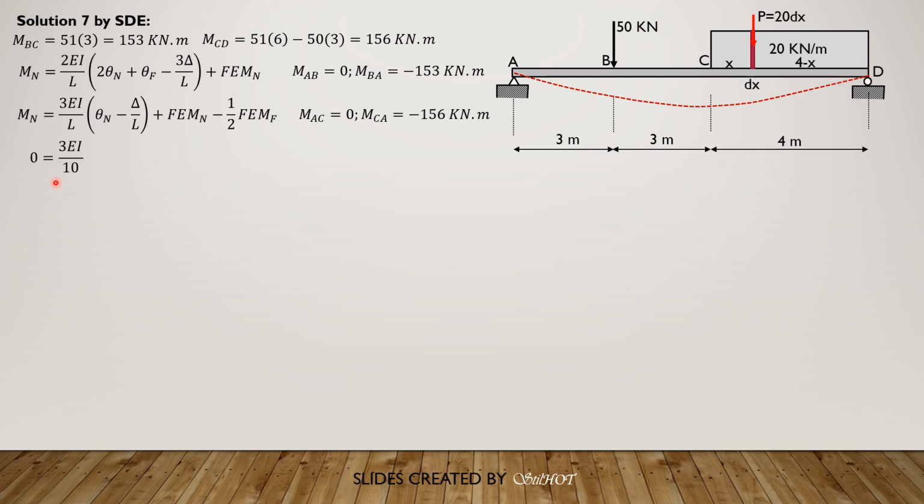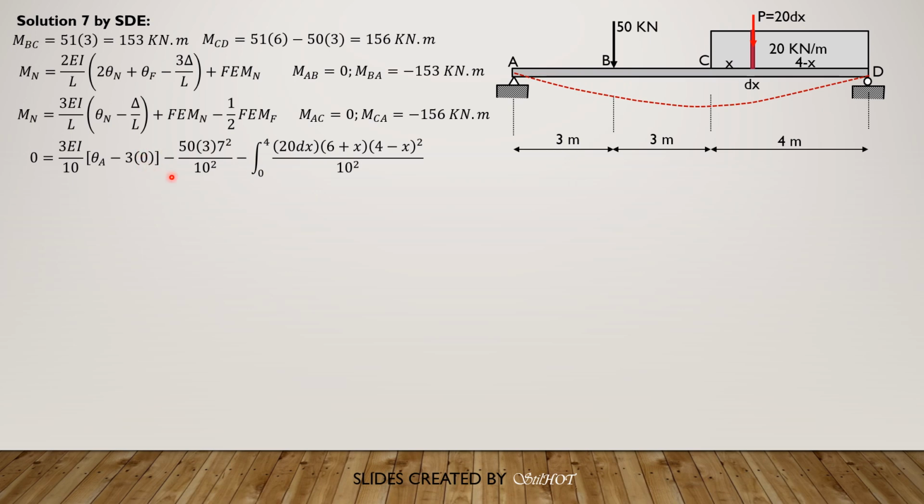So moment AD equals 0, because the far end has 0 moment, so we use the other formula, 3EI over L times quantity theta A minus 3 times delta over L, with L being the distance AD, 10. Delta is 0 because A and D remain on the support, so the chord joining them is horizontal.